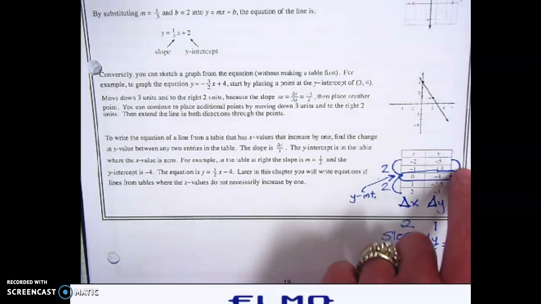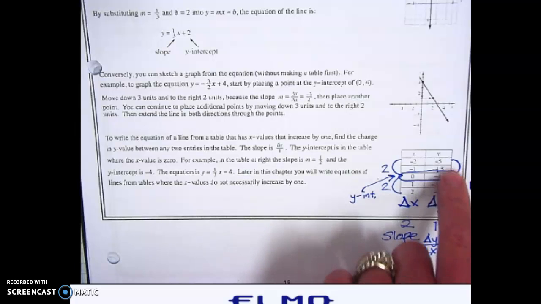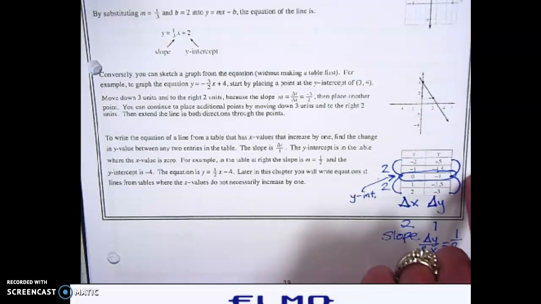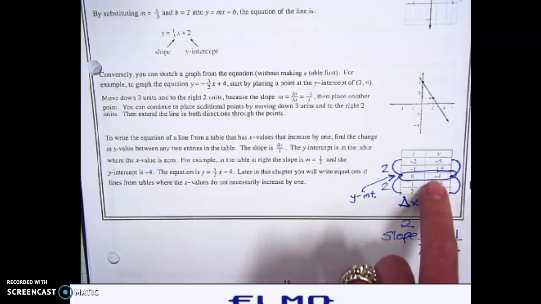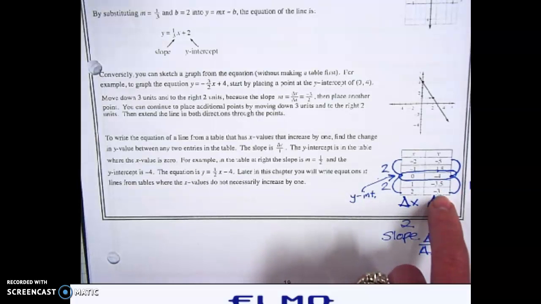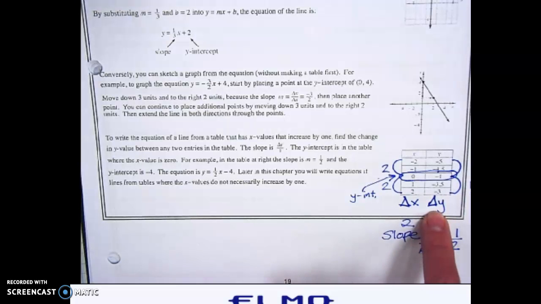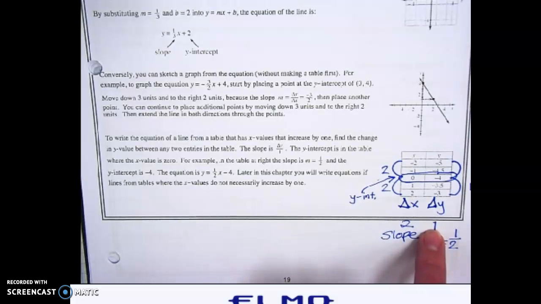So I'm going to go from this point to this point, and put a little bump over here from -5 to -4. That change is 1 unit. Same thing happens from -4 to -3. So just draw a little bump to show that you're skipping, and that change is also 1. That means your delta y, or your change in y values, is 1.